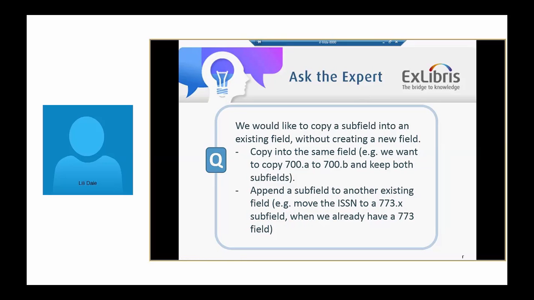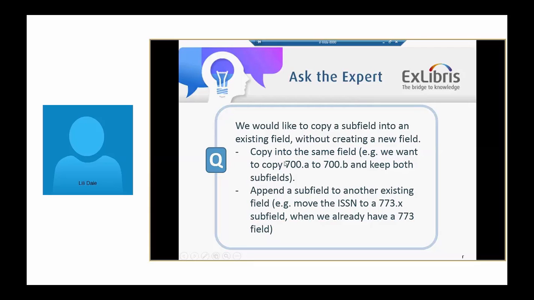Okay, I had a couple of questions on this, so I put them together. Copying a subfield into an existing field without creating a new field. Right now, when you copy in Alma, copy a field or a subfield, it creates a new field. So if I do copy 700A to 700B, I would have a new 700B with the content.